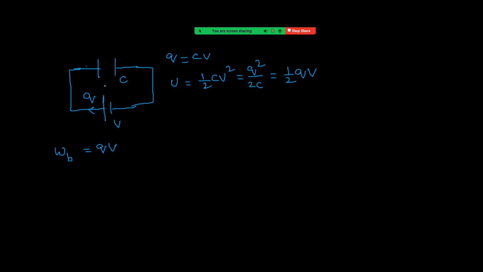If it is initially charged, then that will be different, which we are going to discuss in the next lecture. So here what we have to keep in mind: initially the capacitor is uncharged. When you connect it to a battery to charge it, work is done by the battery and only half of that work is stored as potential energy in the capacitor. The remaining half is lost in the form of heat.